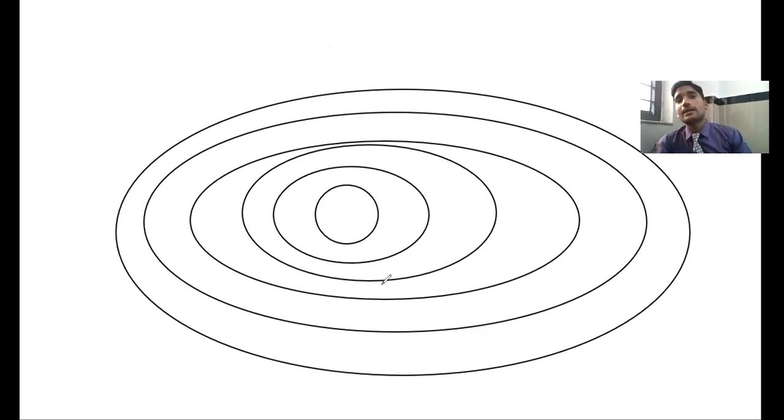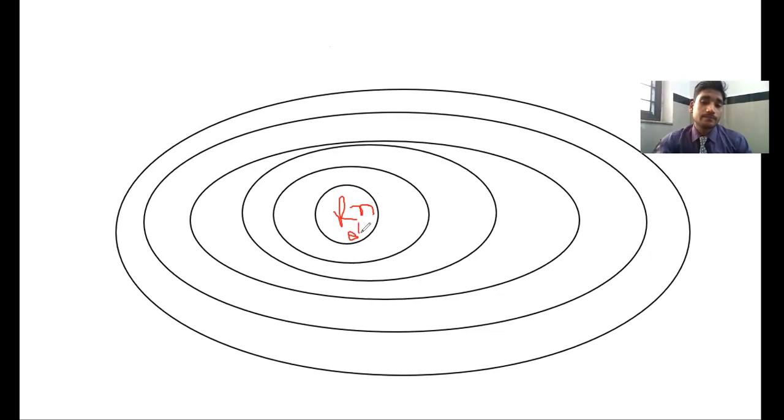Let it be an atom of some huge atomic number. Let it be radon. Okay, radon. Atomic number 86.